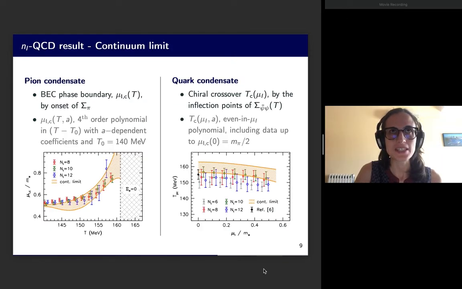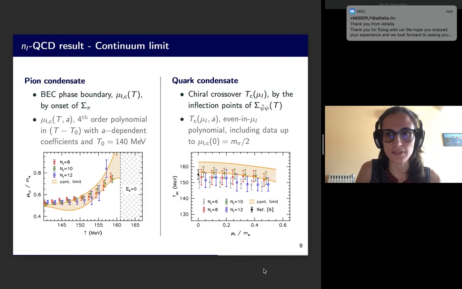Then I would say, well, there are many technicalities that I don't cover in this video that have to do with the necessity to take the lambda to 0 limit after having introduced the pionic source in our setup. I still want to show you some results of what can be obtained concerning the phase diagram in this theory.